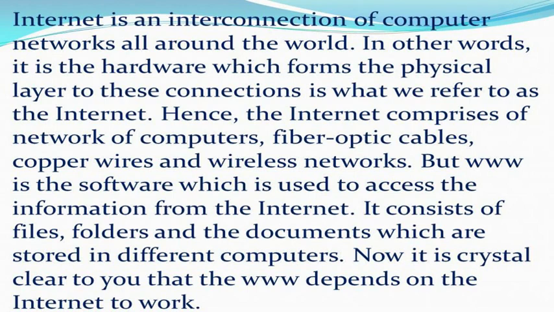Hence, the Internet comprises a network of computers, fiber optic cables, copper wires and wireless networks. But WWW is the software which is used to access information from the Internet. It consists of files, folders, and documents which are stored on different computers. How does WWW depend on the Internet to work?